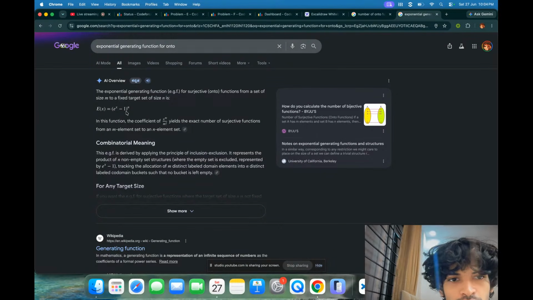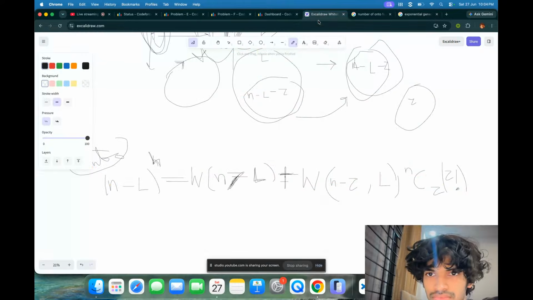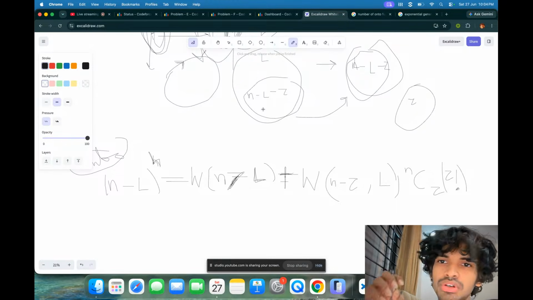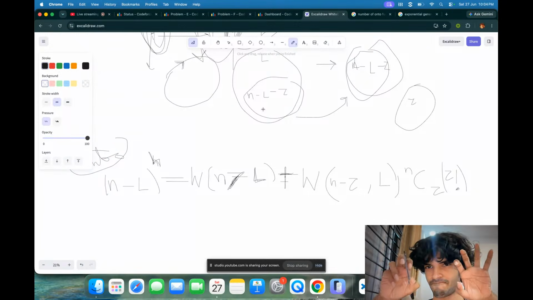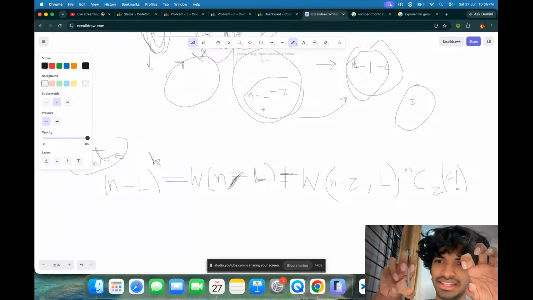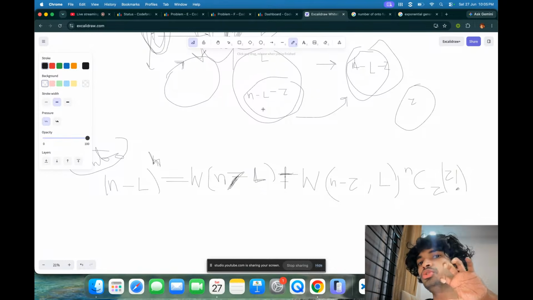And coefficient of x power m will give us the number of onto functions: choose a set, and on that set apply permutation, and choose this other set, on that apply.